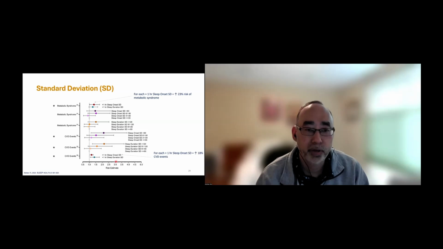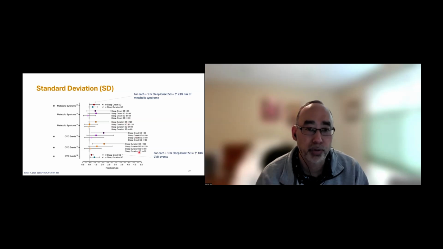They drew out a figure here, and this took data from the MESA study again, and they focused on two clinical outcomes: metabolic syndrome and cardiovascular disease. And within each of these clinical outcomes, they focused on sleep onset standard deviation and sleep duration standard deviation.